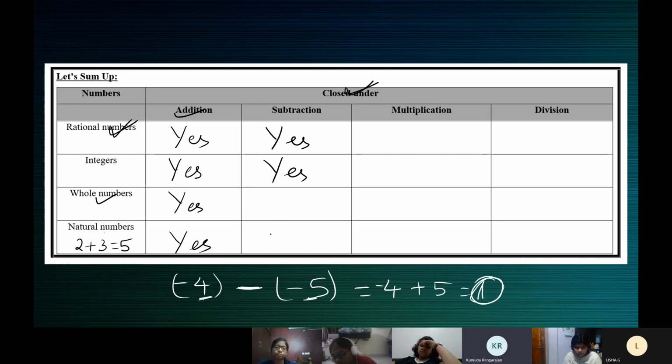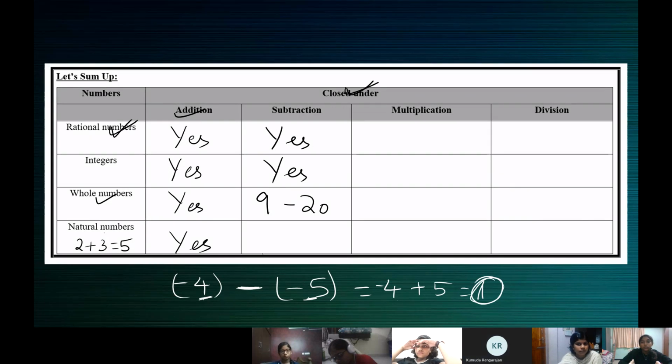When it comes to whole numbers and natural numbers, we say that whole numbers are not closed under subtraction, because if you take a smaller value first and then a greater value, say 9 and then 20, and find the difference, 9 is a whole number, 20 is a whole number, and the difference is -7.